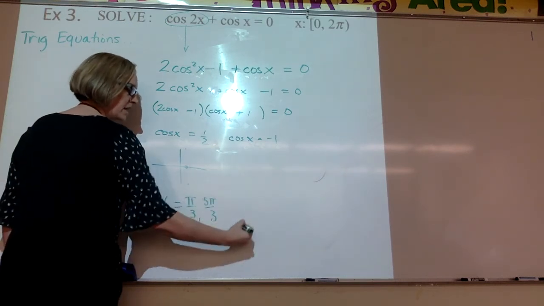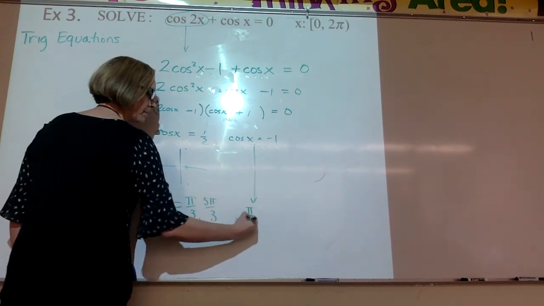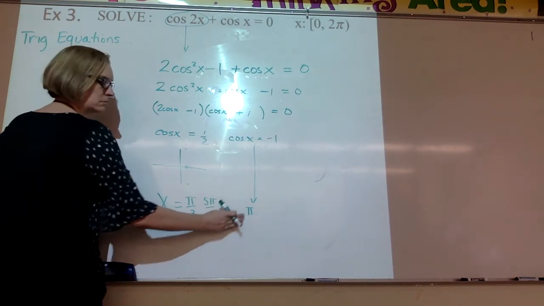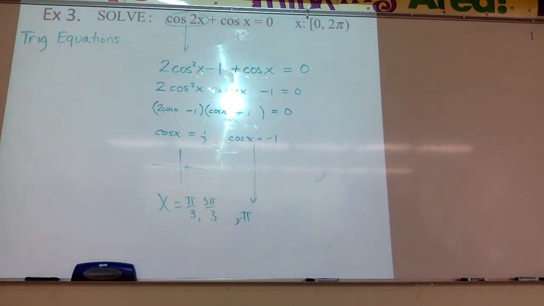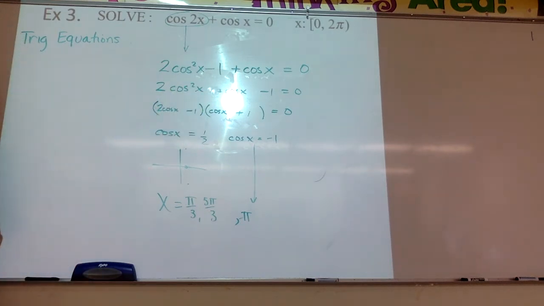And then here, cosine equals -1 at, isn't it just pi? Right, just pi. So I think the big idea here is the fact that those definitions you wrote down that you're going to be given, you can substitute into trig equations just like Pythagorean identities. Good?